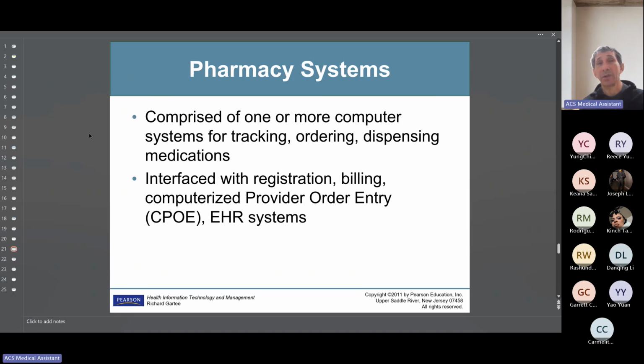It's not just that we're going to place the order, but it's going to keep a tracking record as well. And we're going to know whether this medication was dispensed by the pharmacy or not, whether the medication was filled by the pharmacy, whether the patient picked them up or not.